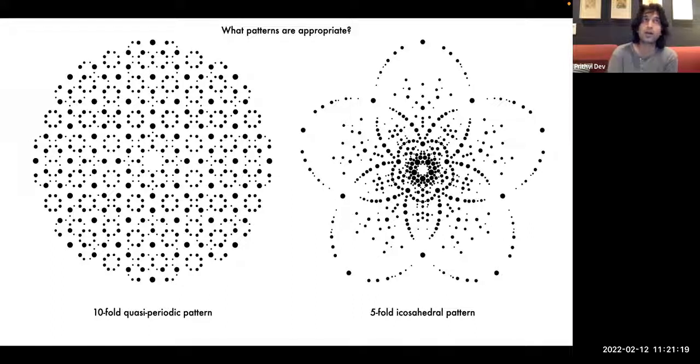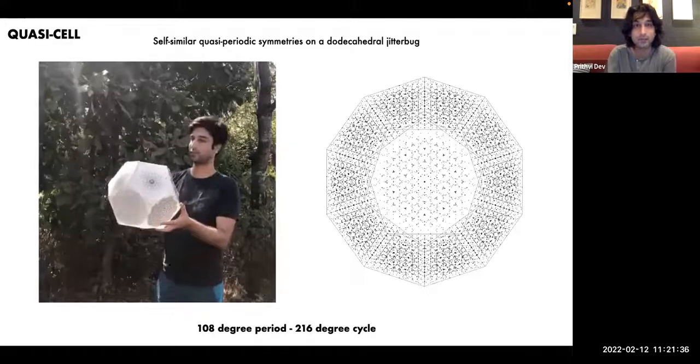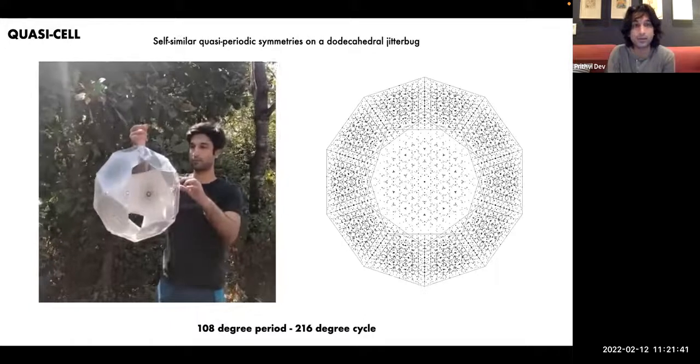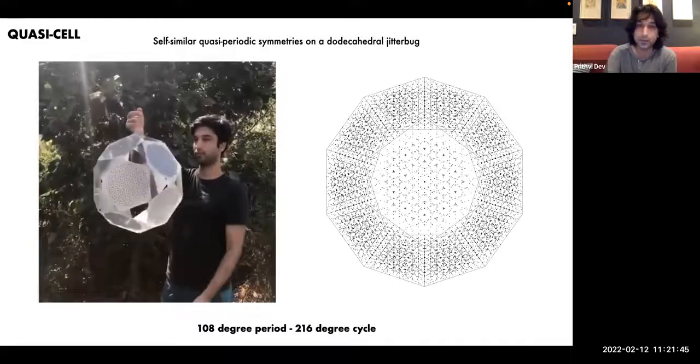From what I understand, in 5 dimensions you can have perfect periodic quasi-crystal lattices, which are sliced at phi into 3 dimensions and then projected to create these 2-dimensional dot patterns. And here we have a self-similar quasi-periodic set of symmetries on a dodecahedral dipolygonoid.